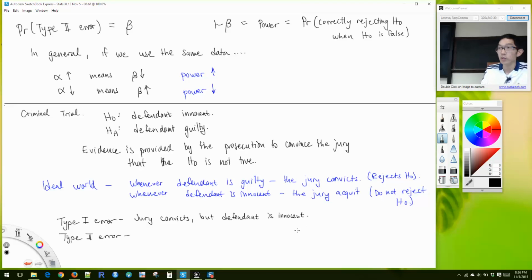And what would a type 2 error be? They don't convict. The jury acquits but the defendant is actually guilty.